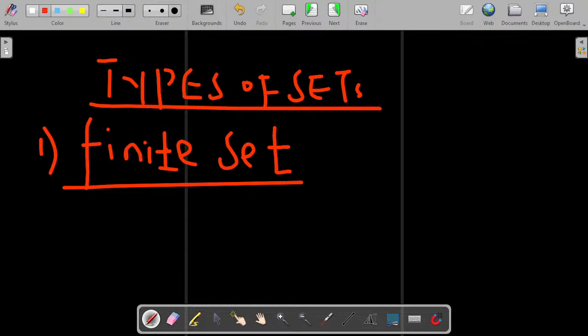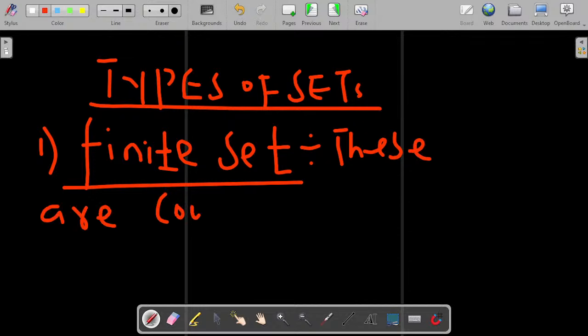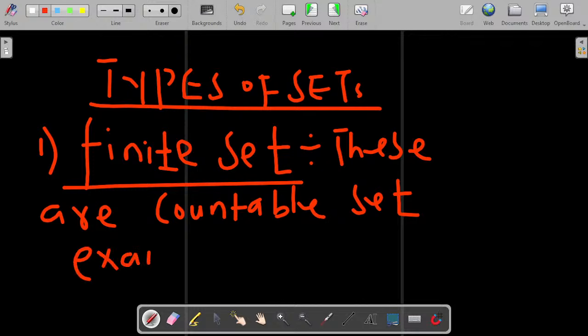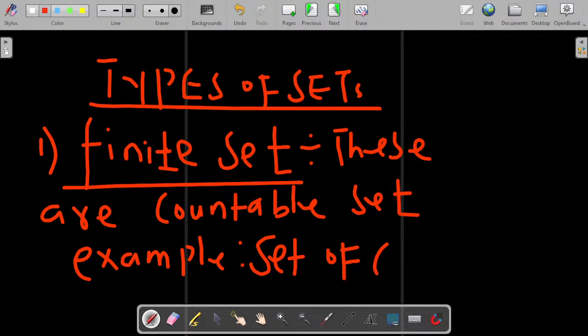These are countable sets, things you can count. For instance, can you give me an example of things you can count? Exactly. A set of chairs is an example of a countable set. You can easily count chairs, right? Then have you written it?